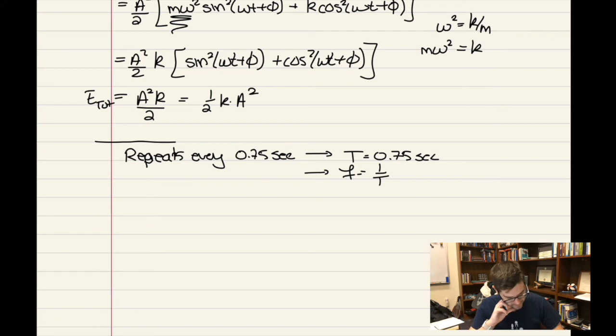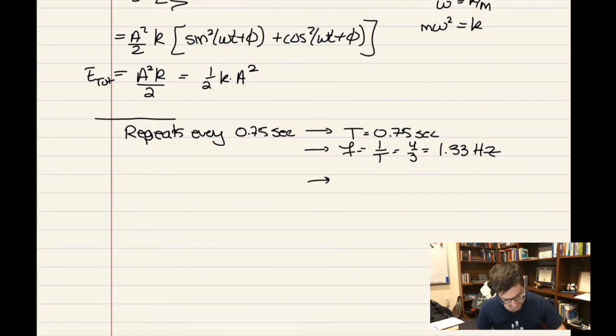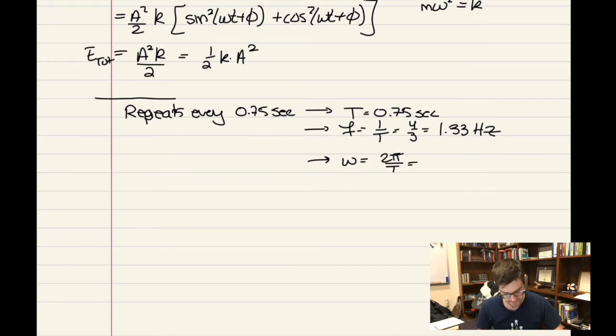So in this case, if the period is 3/4, then this is 4/3, or 1.33 hertz, or 1.33 per second. And then the angular frequency is 2 pi divided by T. So in this case, I could plug in all those numbers, and I get something like 8.37 radians per second.